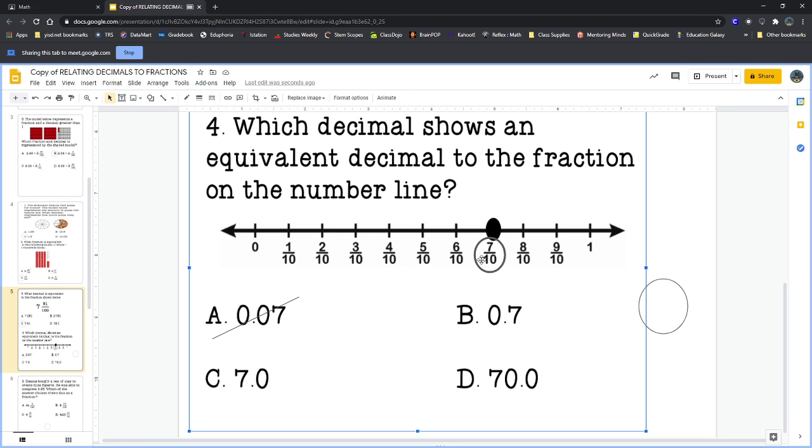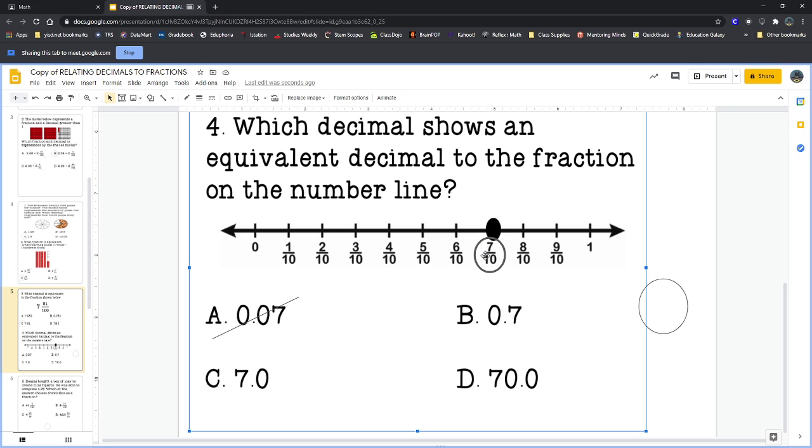So that means I don't want a number in front of my decimal. If it's 0, that's okay, because 0 means nothing. But any number bigger than 0 should not be in front of that decimal. Can I get rid of answer choices that have something bigger than 0 in front of the decimal?